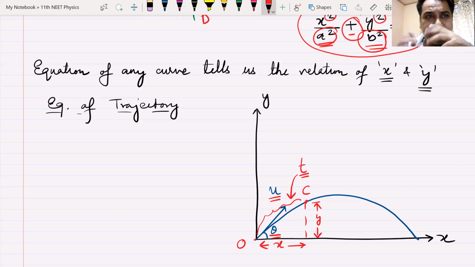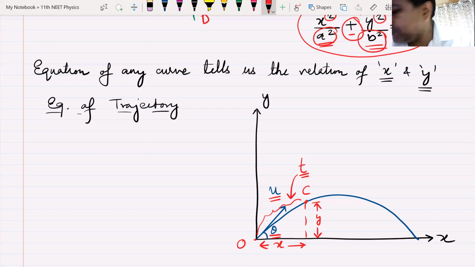Now with these assumptions, I have to find out the relation between X and Y. How will I do it? Can anyone suggest some way? I don't have a magic wand that I can wave and the equation of trajectory comes in front of us.